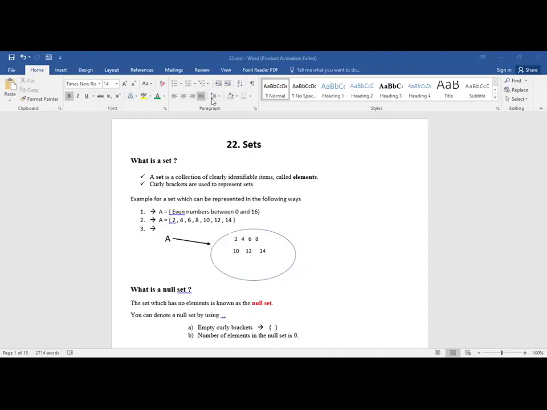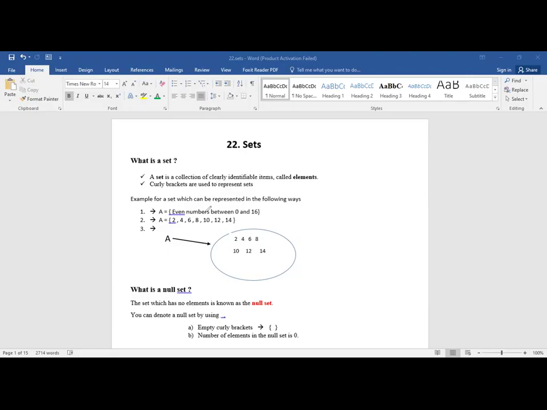Right, okay, guys. So, what is a set? A set is a collection of clearly identifiable items called elements. When we are writing the members of a set, we generally use curly brackets to write down the elements of a set.